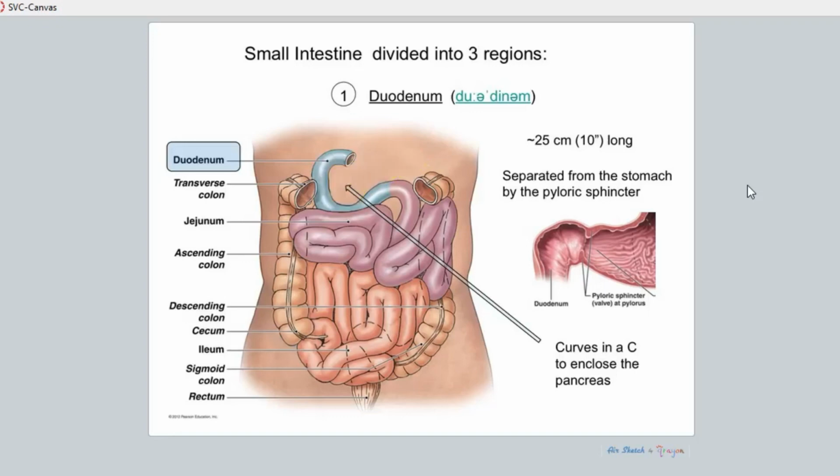If you're just trying to orient yourself, say you're looking at a cadaver and you're trying to find either the duodenum or the pancreas, well, if you find the pancreas and the pancreas is this glandular looking tissue, then what that means is that you can identify the duodenum because it sits right there in the C of the duodenum. Likewise, if you find the duodenum, then you're able to find the pancreas.